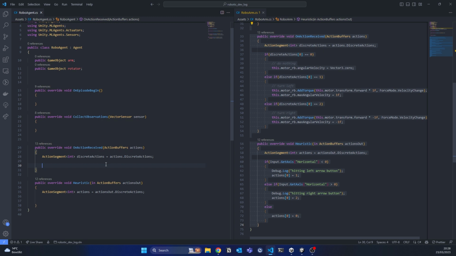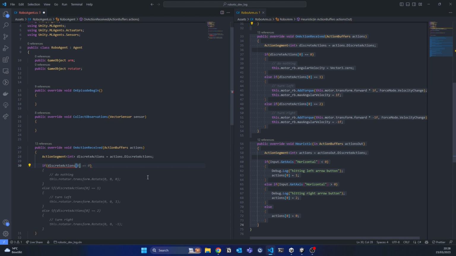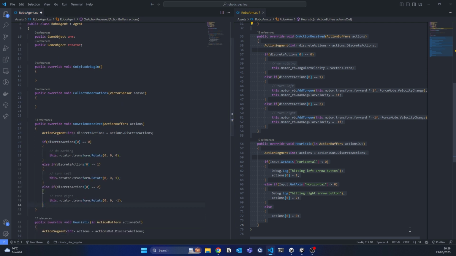So essentially what we can do here is if discrete action 0 equals 0, I'm just going to bring this back in, turning off this guy for a moment. So if discrete action branch is 0, don't do anything.